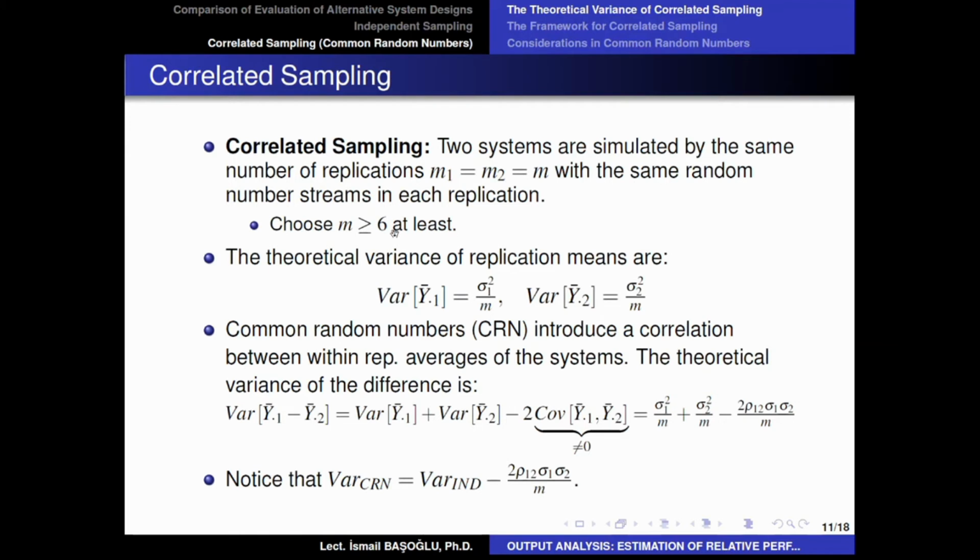For example, in the first replication of the first system, if I use a random number sequence, I am going to use the exact same sequence in the first replication of the second system design, so that the first replications are going to be performed under the same artificial history, under this exact same scenario.